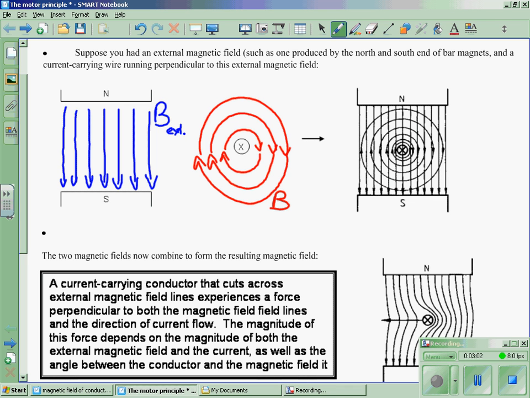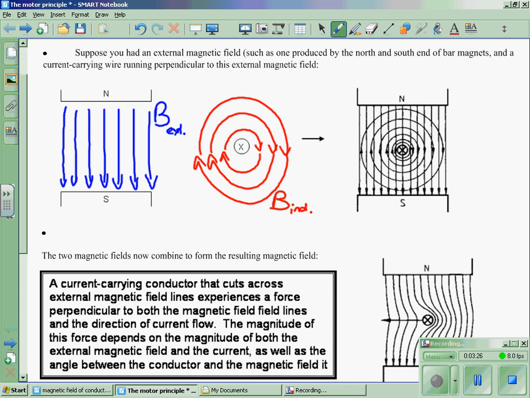But these magnetic field lines are not external magnetic field lines. These are actually induced magnetic field lines, which means that they are brought upon by nothing more than the current that flows through the wire. And because it is an induced magnetic field, I will put down a subscript IND to represent induced magnetic field.